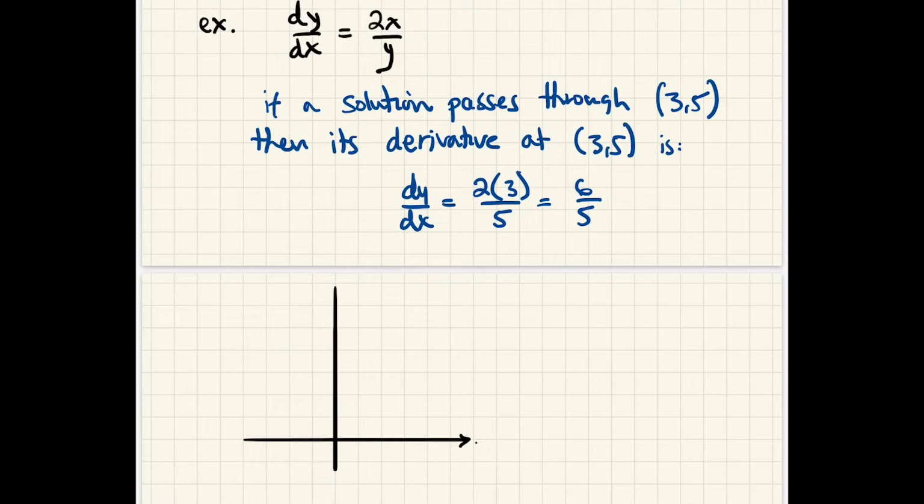So if we were sketching the solution that goes through 3, 5, while we don't actually know the curve of the solution, we do know that right there, it has a slope of 6 over 5, which is just a little bit steeper than a slope of 1.